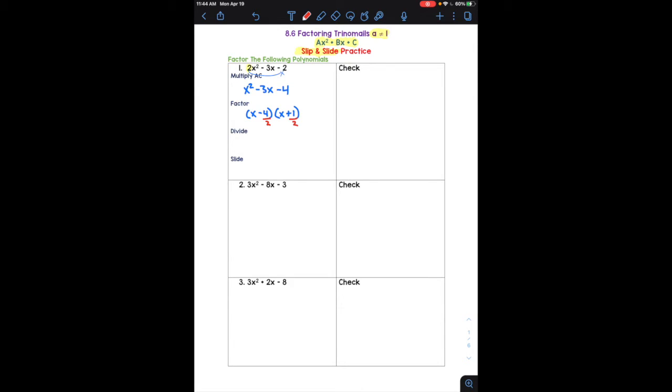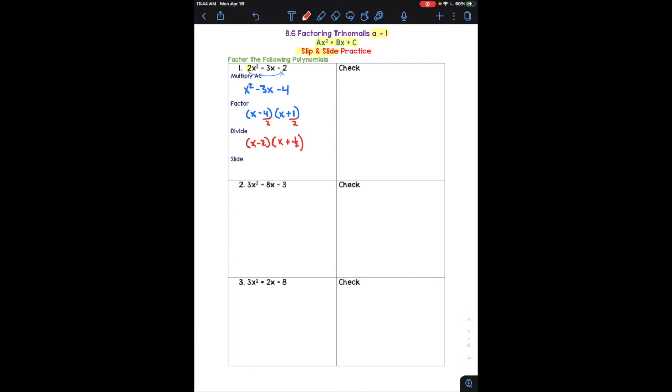We simplify x minus 4 divided by 2. 4 divided by 2 is 2. And x plus 1/2 stays as x plus 1/2, since we can't simplify 1/2 any further.